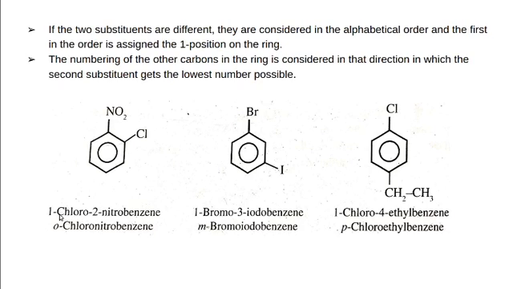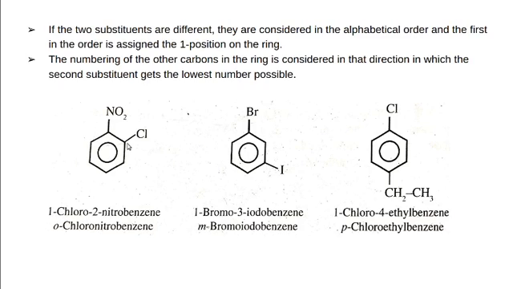The chloro group comes first, because C comes first in the alphabet, then N. So the substituent which comes first in alphabetical order should get the first position. So the chloro group should get the first position.